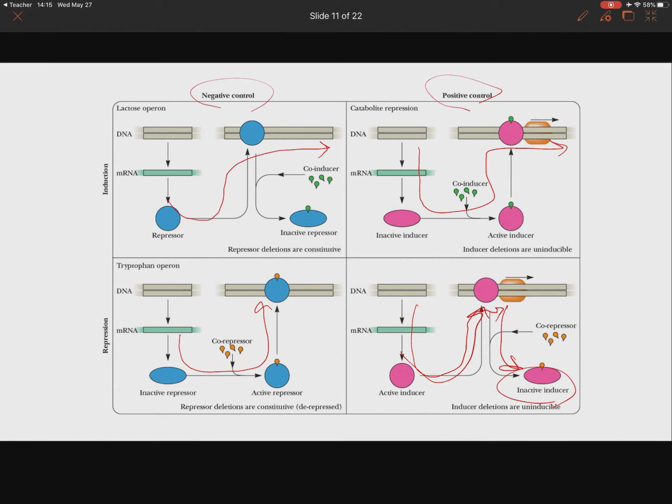Yeah, a lot going on with this graph here. So negative control means turning off, positive control is to turn on.